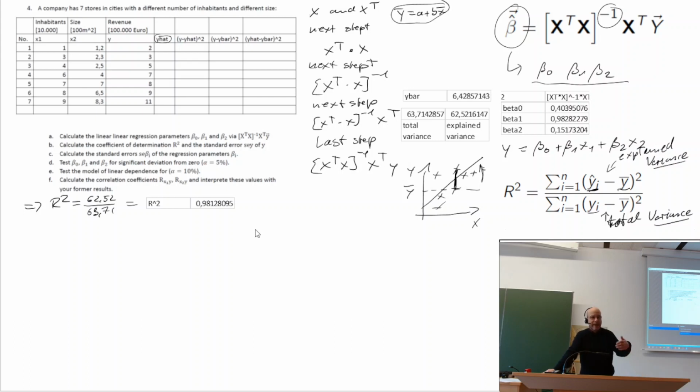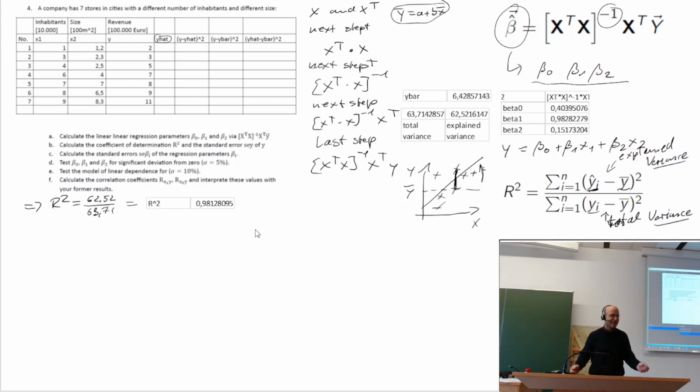I still cannot make a statement that, from a statistical point of view, this fit is a very good fit, qualitatively spoken.